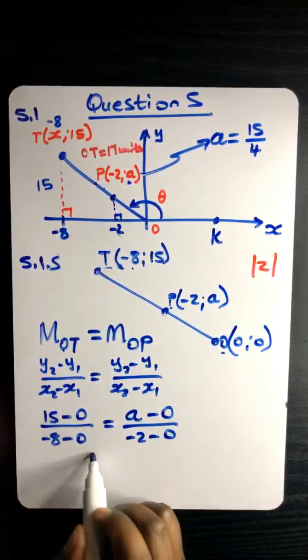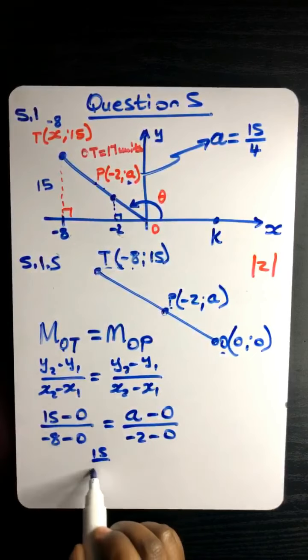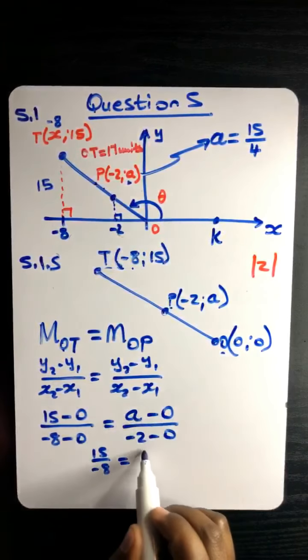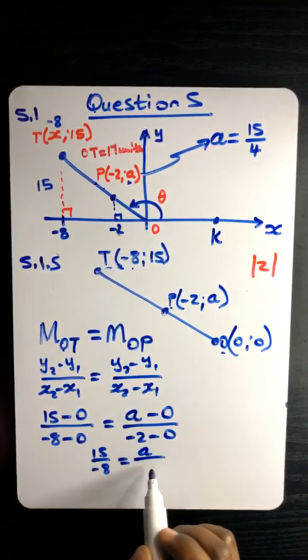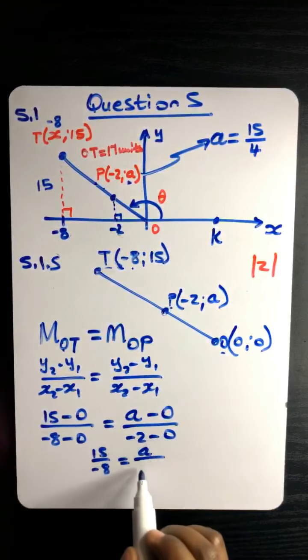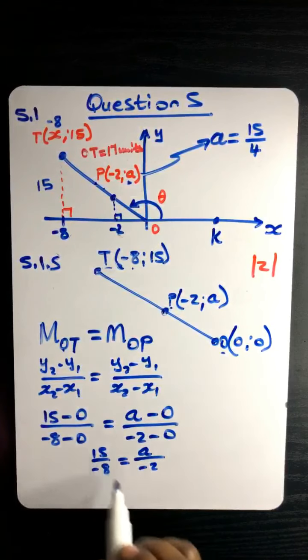So 15 minus 0 is 15 over negative 8 minus 0, which is negative 8, equals a minus 0, which is a, over negative 2 minus 0, which is negative 2. So all that you do is just cross multiply.